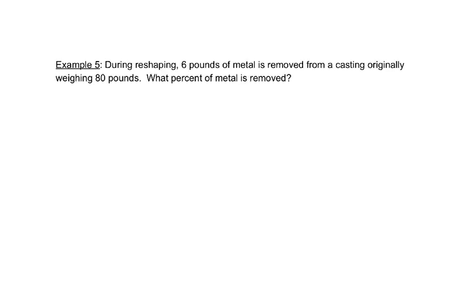During reshaping, 6 pounds of metal is removed from a casting originally weighing 80 pounds. So here's our sentence. What percent of metal is removed? So we don't know the percent. We're going to do percent times something equals. So when it says "of metal" here, it's really saying what's the total amount of metal we're talking about. And that's this 80 here.